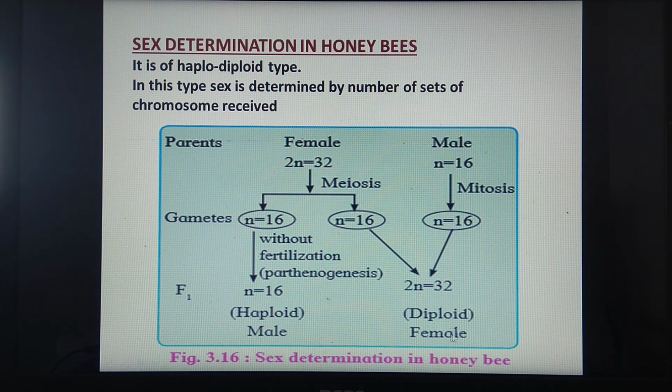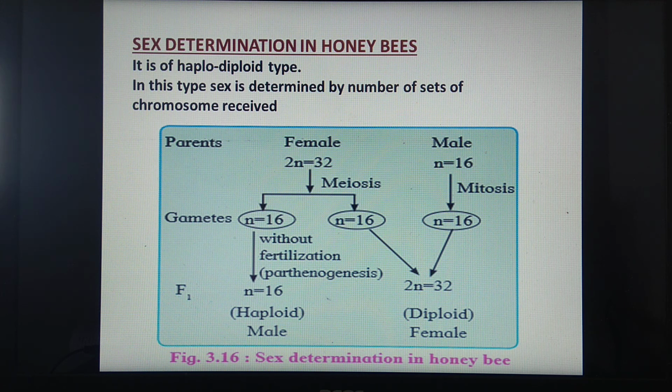Now we have seen here diploid females develop. Remember that these diploid females differentiate into either workers or queens depending upon the food they consume during their development.